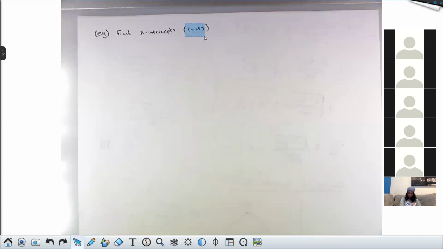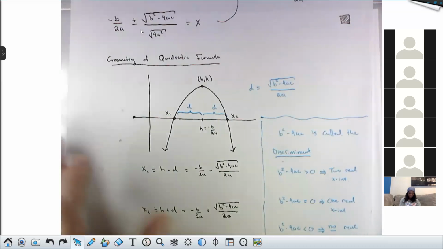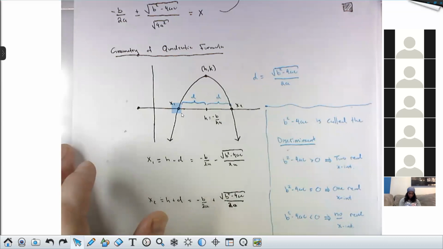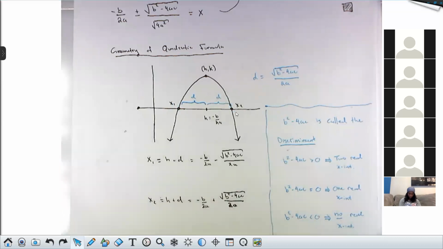Roots mean the same thing as x-intercepts. Another word that people use for this is zeros. So these numbers, x1 and x2, the x value of the x-intercept, I'll call those roots or zeros. I won't always call them x-intercepts. Just know that those words all mean the same thing.